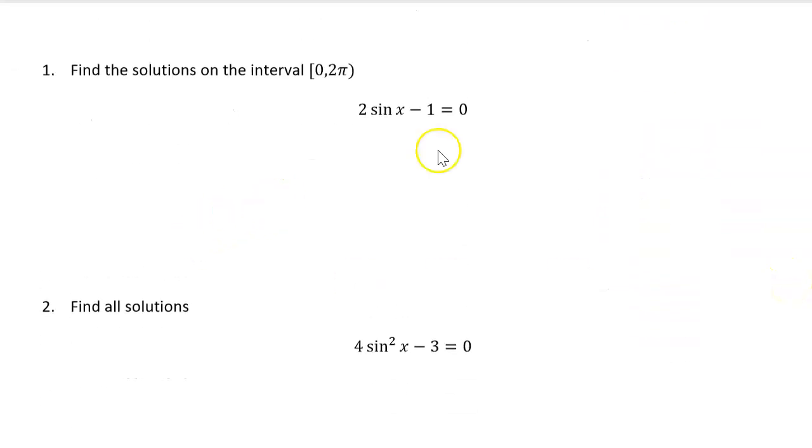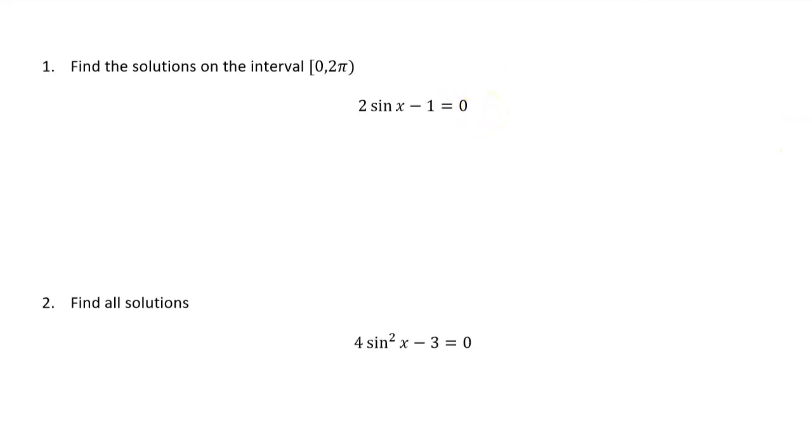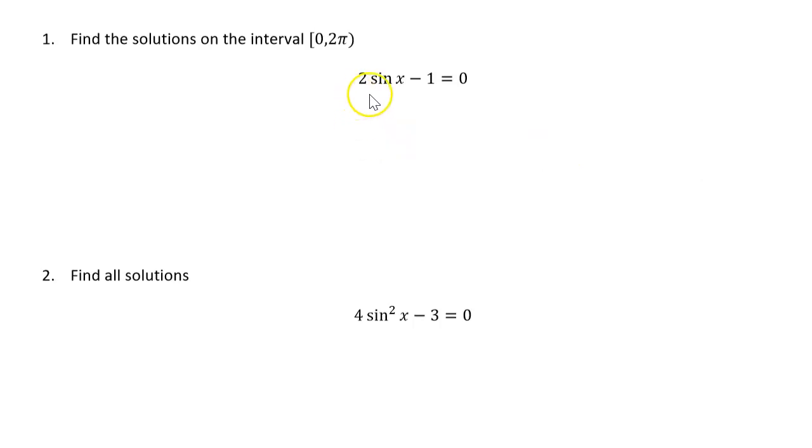Let's take a look at another example. This one's going to mix in our traditional solving techniques. We know how to solve equations, and just add some trig to it. So over here, I've got 2 sine x minus 1, and my first step is going to be to add 1 to both sides of the equal sign. Now I'm left with the equivalent equation, 2 sine x equals 1. Divide by 2.